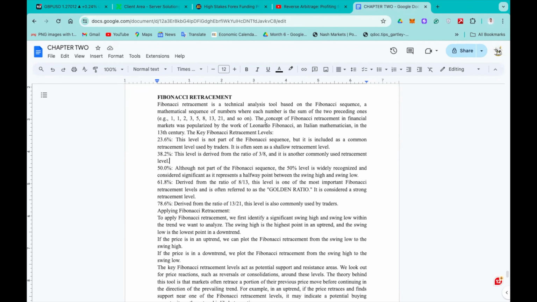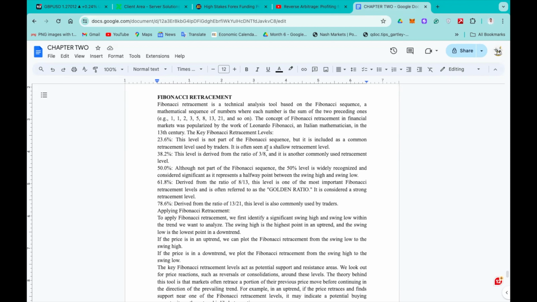Now the concept of Fibonacci retracement in financial markets was popularized by the work of Leonardo Fibonacci, an Italian mathematician in the 13th century. The key Fibonacci retracement levels: 23.6. This level is not part of the Fibonacci sequence, but it is included as a common retracement level used by traders.